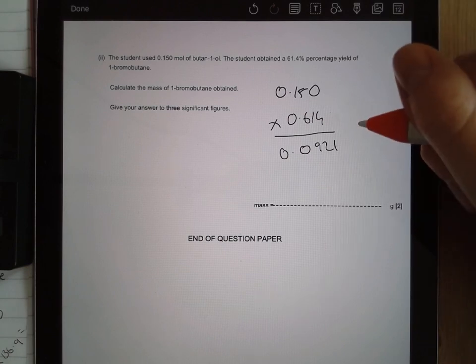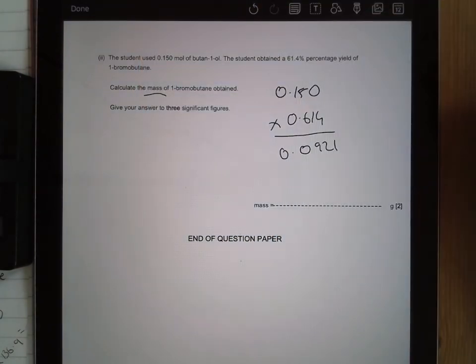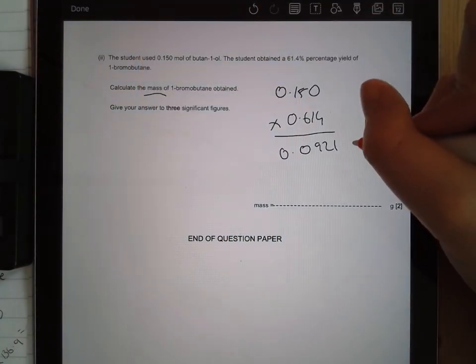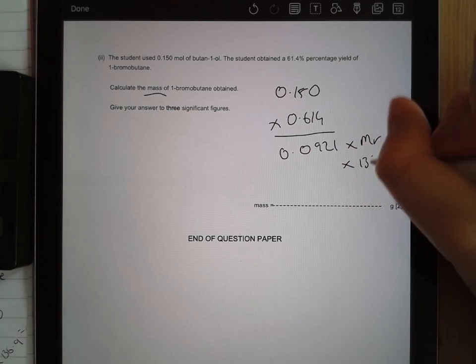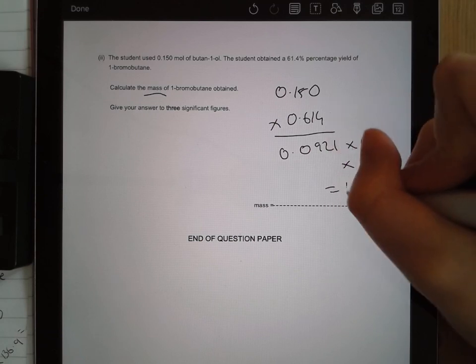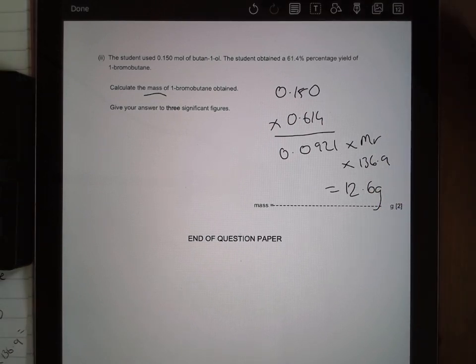That's the number of moles I'm producing, but you're asked for the mass that you're producing. How do you convert moles to mass? You multiply by formula mass, and in this case, the formula mass is 136.9, and that gives you a final answer of 12.6 grams.